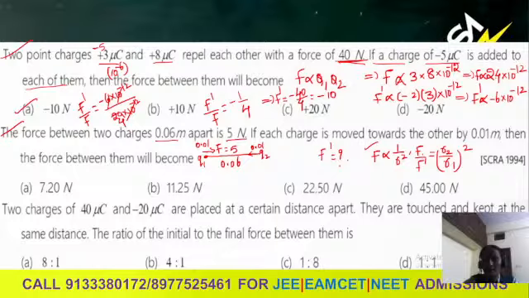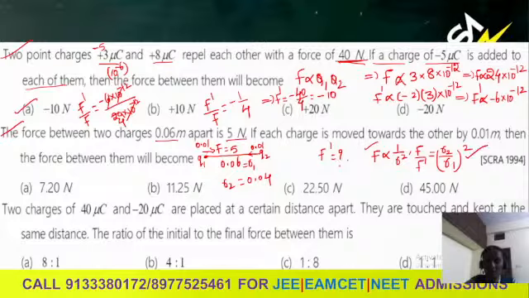When force F acts between them, the separation is R1, that is 0.06. When they approach from each side by 0.01 meter, what will be R2? Something will be reduced. From each side 0.01 meter is reduced, that is 0.02 total, so the separation is reduced from 0.06. Now can we take R2 as 0.04?